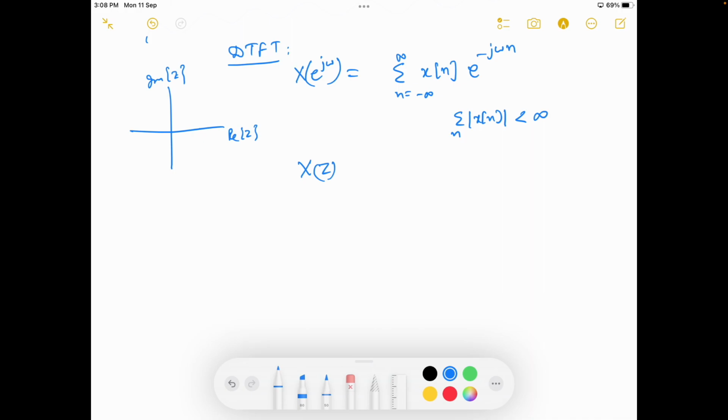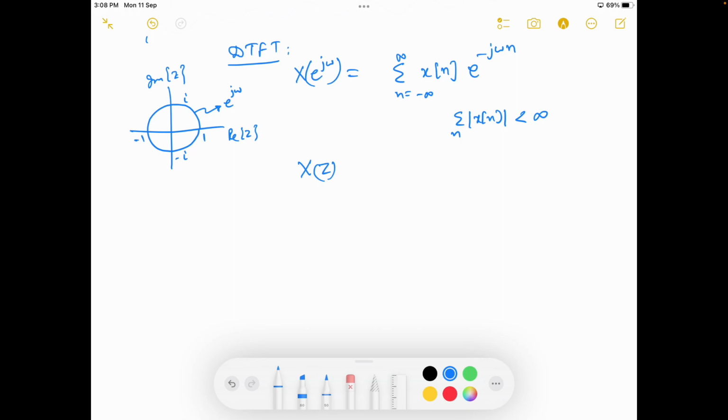It's a point on the unit circle: 1, minus 1, j, minus j, and the point on this is e to the power j omega. Now the question is, why do we only confine ourselves to e to the power j omega? We can go to any point in the complex plane.